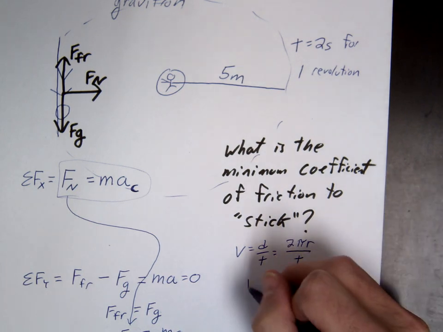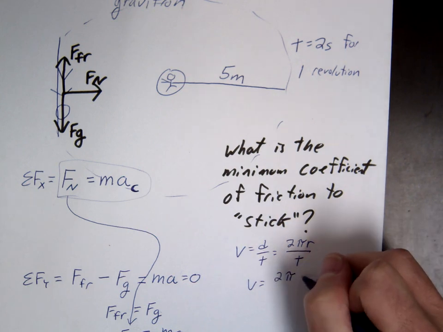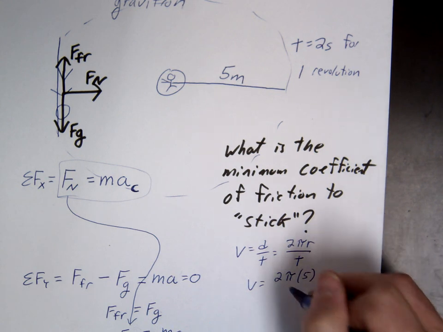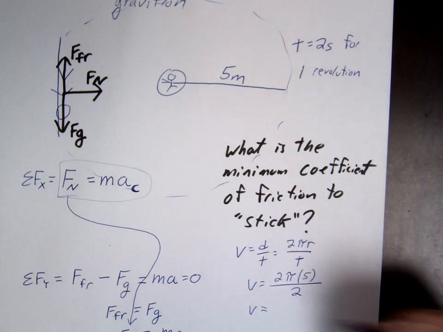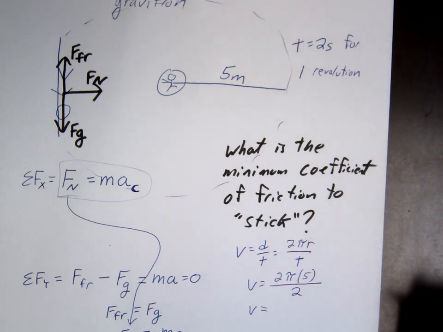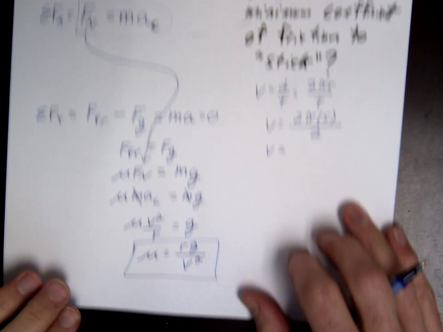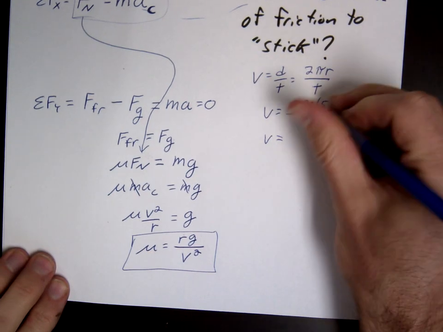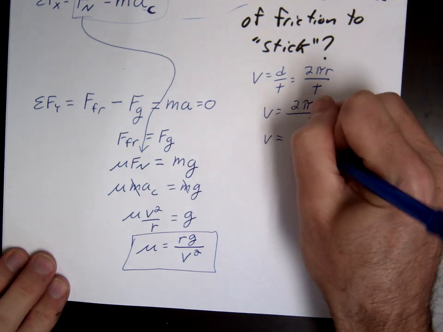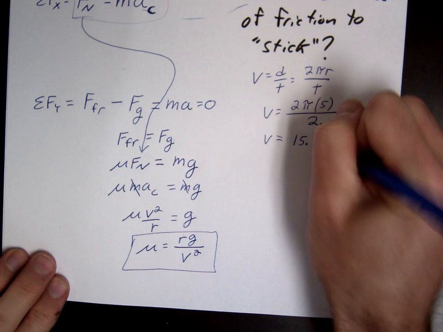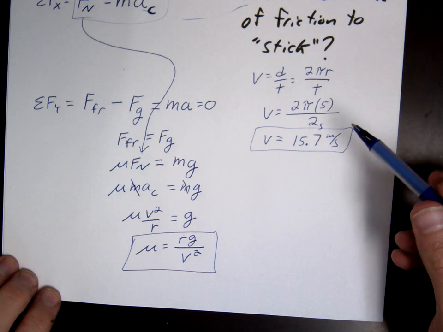So let's find out how fast we're moving in this example. Pi times 5? About 15-ish. 15.7. So that would be our speed, how fast we're moving.